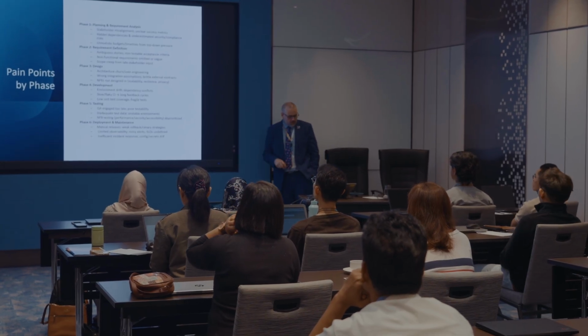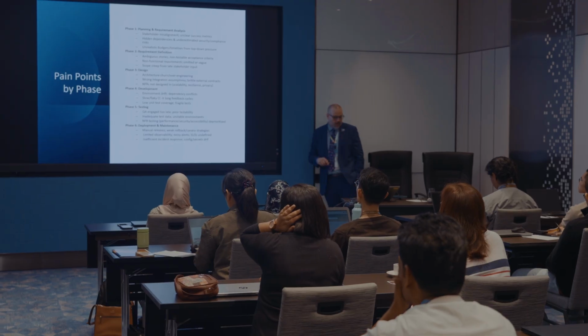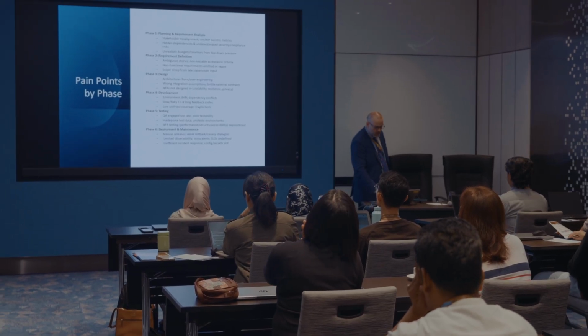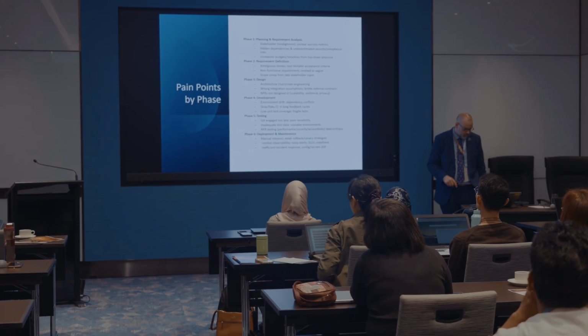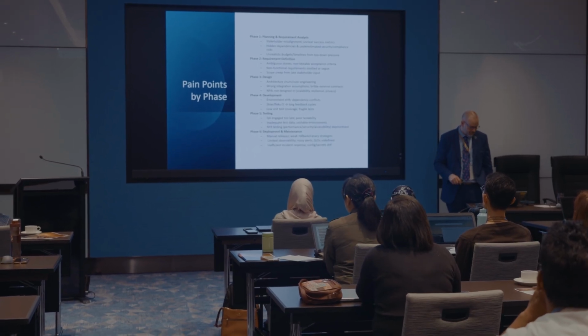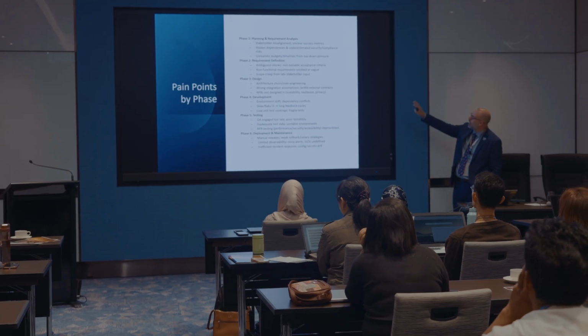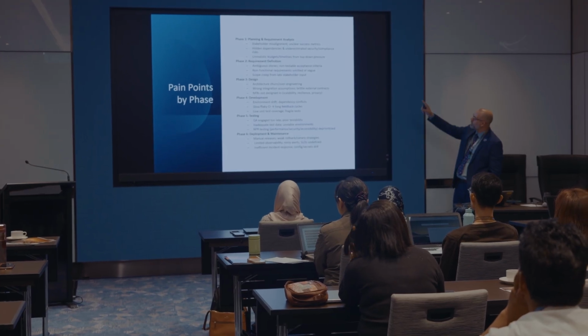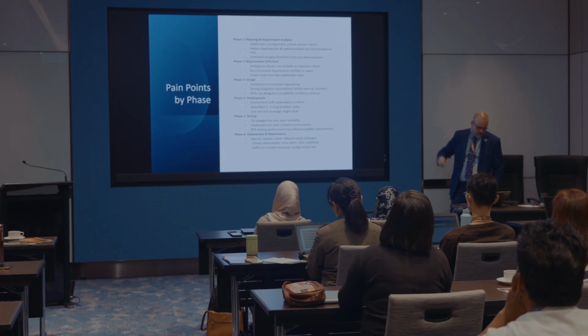All right. So again, here are some pain points that we'll talk about in detail with our SDLC. I won't spend too much time because we'll go into detail in just a minute.